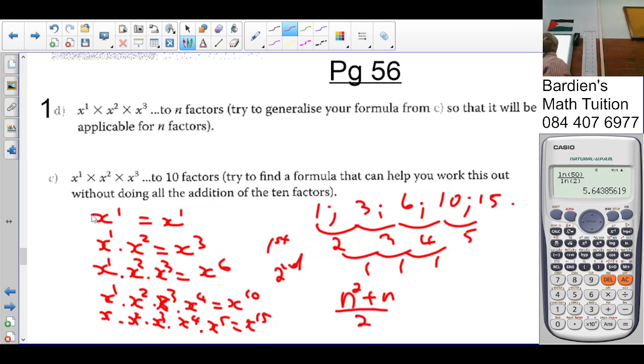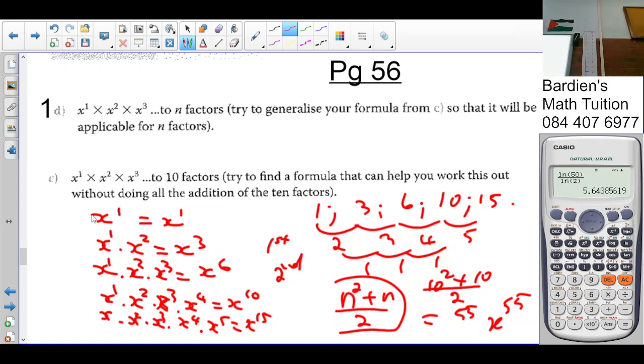So for 10 terms, it's going to be 10 squared plus 10 divided by 2, which is 100 plus 10 is 110 divided by 2 is 55. So the answer is x55. However, for this one here, it's going to be x raised to the n squared plus n divided by 2.